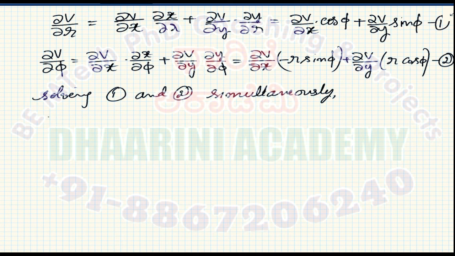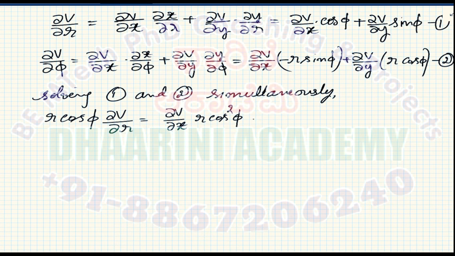That is r cos phi into dou v by dou r is equal to dou v by dou x, multiplied by r cos phi, so this is r into cos square phi, plus dou v by dou y into r cos phi into sin phi. This is what happens to the first equation.